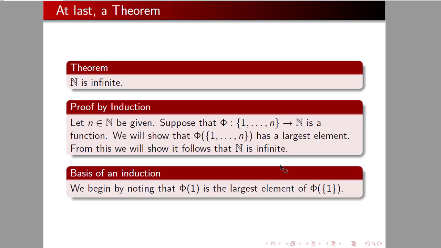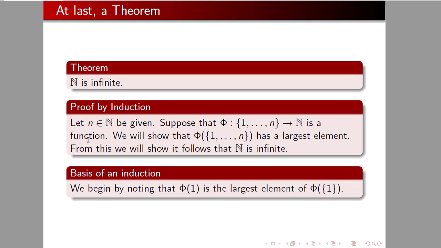And here's a rule of mathematical writing, that your number of theorems should eventually be greater than your number of definitions. And so we have had definitions all lecture so far. At last, a theorem: the set of natural numbers is infinite.